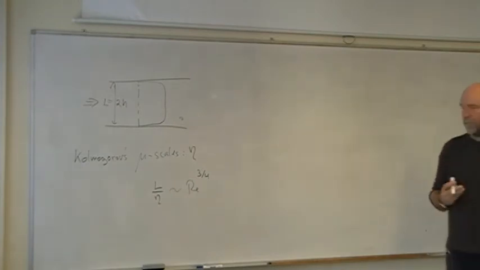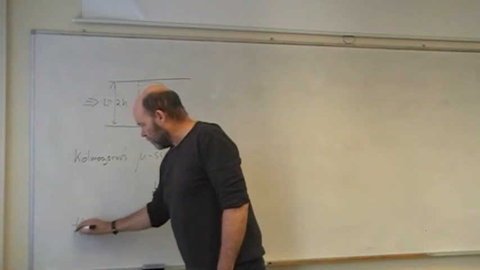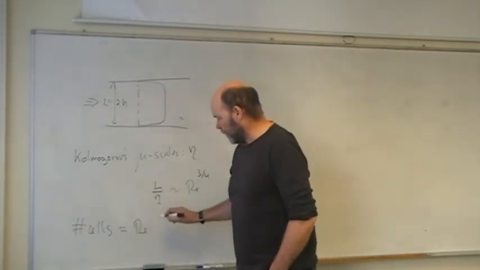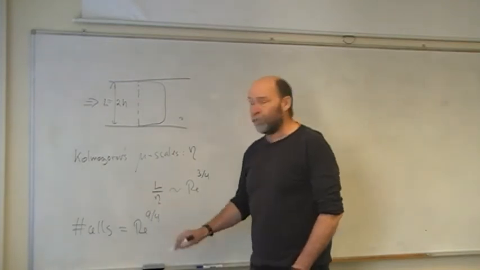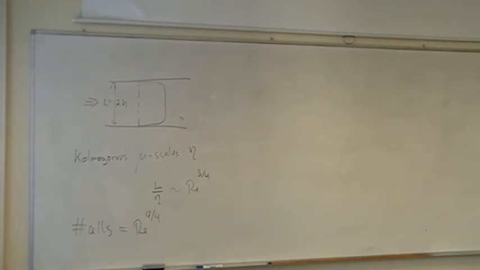But remember, the number of cells that we are going to need will be the Reynolds number to the power of 9/4, because we have a three-dimensional flow. And now take 3000 and raise it to the power of 9/4, and you get a very big number.